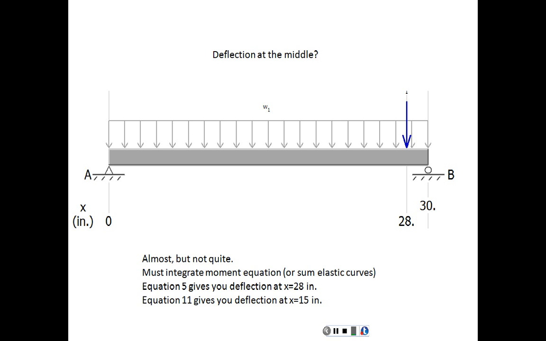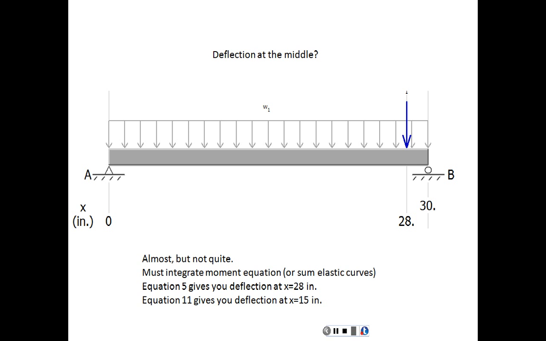So it doesn't quite work with the tables, so you would have to do 6 for x equals halfway plus 11. Does that make sense? Okay. Equation 6 is the elastic curve.